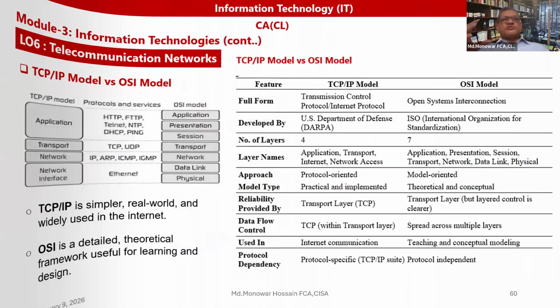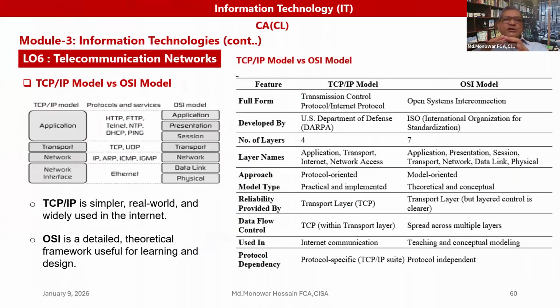And now the comparison between the TCP/IP model and the OSI model. Look here, in the TCP/IP model there is one application layer, and that application layer is divided into 3 layers in the OSI model: application, presentation, and session layer.